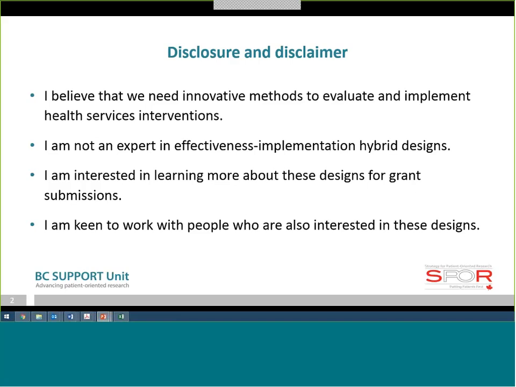And of course, like many of you, I want to know about the designs because I'm submitting a grant, and I'm sure some of you are at the same place. I'm also very keen to work with people who are interested in these designs.